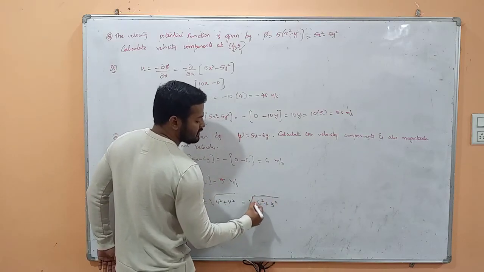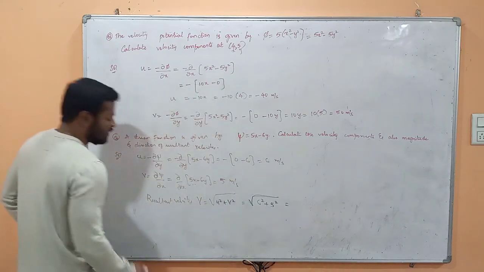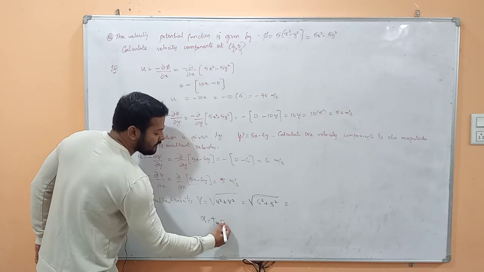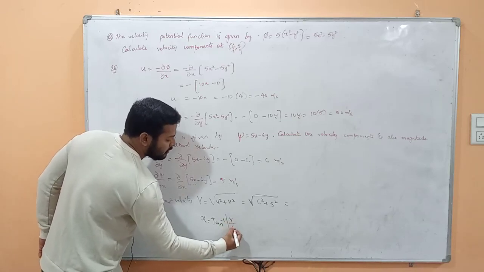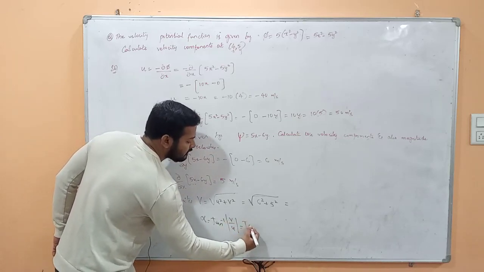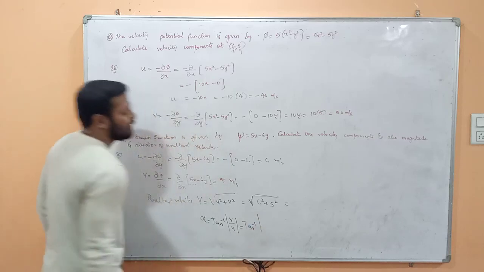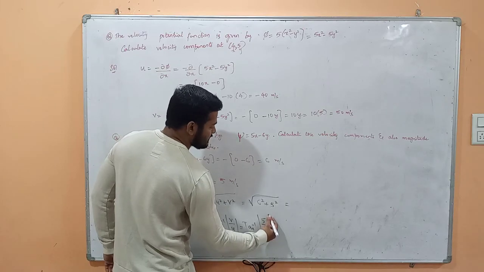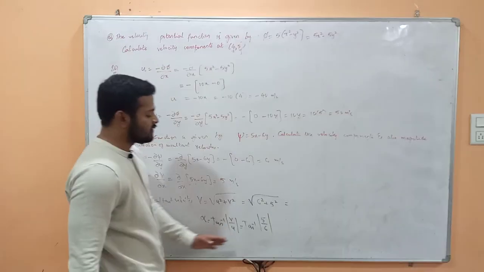Please calculate this in the calculator and you will get the answer. And this is the magnitude, and direction is given by tan inverse of y component by x component. So tan inverse v by u. So what is v by u? 5 by 6. You will also get this in the calculator.